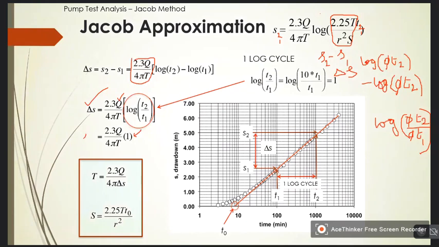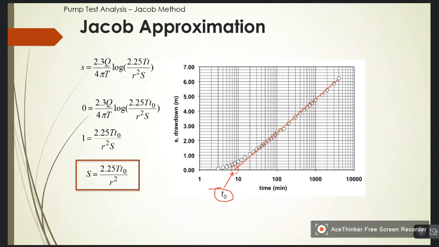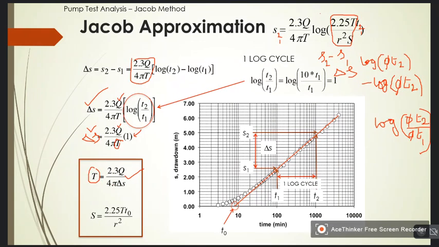You know this, you know this. Hence you calculate T. Once you calculate T, use this equation and substitute the values of T, T naught and R square. So you will get S. Is the procedure clear?